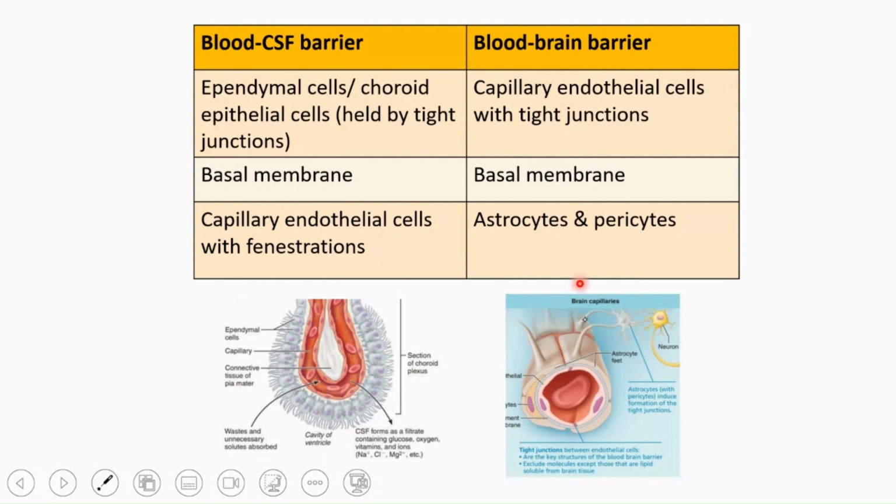And here within the blood-brain barrier, we have a capillary with endothelial cells tightened by the tight junctions. Unlike this one, which has fenestrations, here we have tight junctions within the endothelium. Then we have the basement membrane and pericytes and the astrocyte feet.